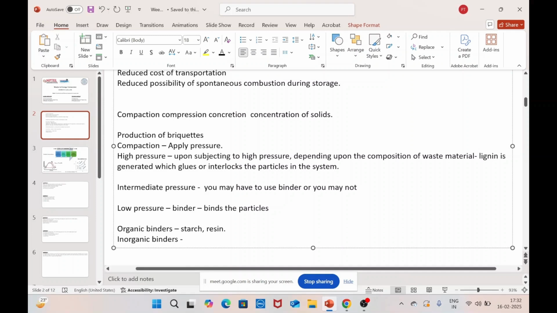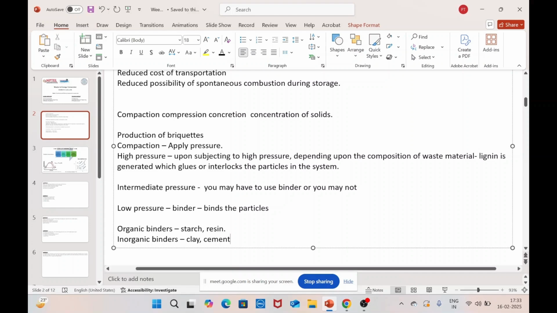And what about inorganic binders? Clay and cement. The type of binder you use depends upon what kind of system and what kind of waste material you are going to use in your energy generation process. Based on that, your pressure also will vary.